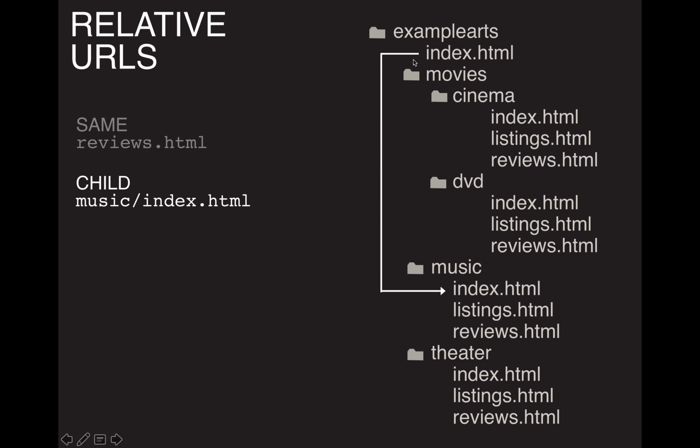Okay, so here's where it gets fun. We've already talked about linking to a file in the same folder. If you're linking to a file in another folder in your site, that's totally fine, but you need to be able to provide the full info to your link to tell it where to go.